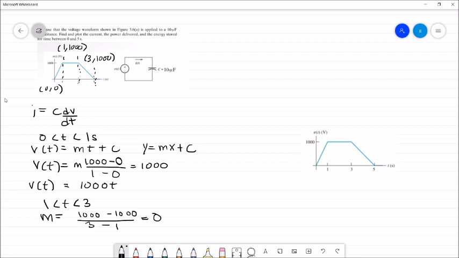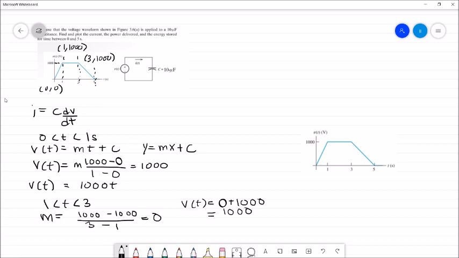Okay, sorry. And then the intersection is 1000. So the equation will be V(t) equal to 0 plus the intersection, which is 1000.